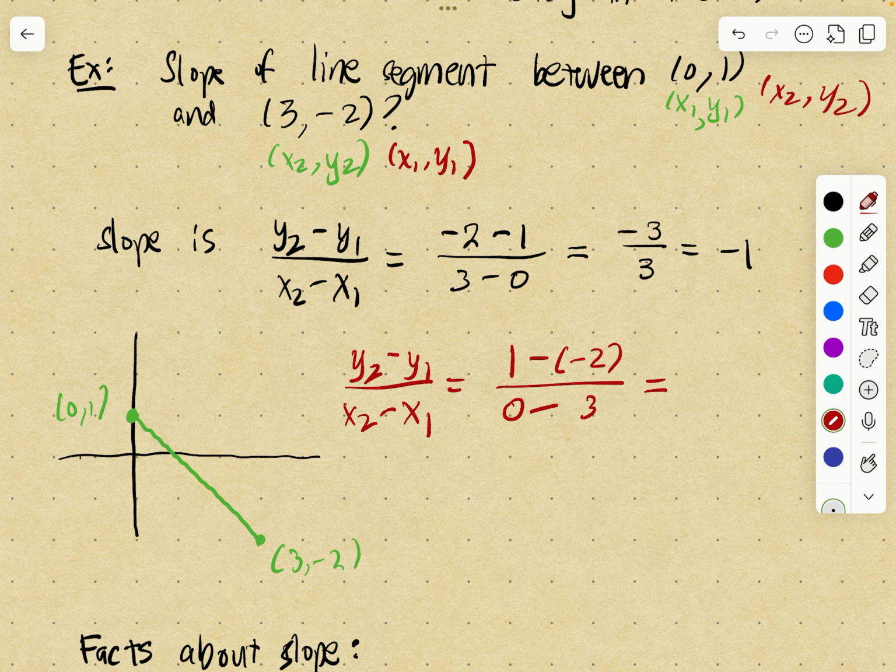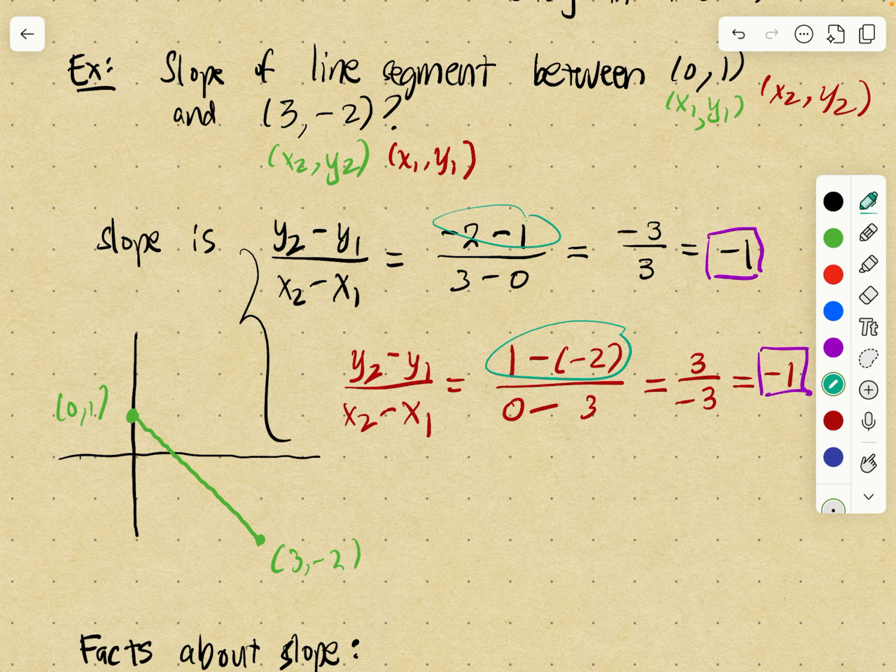On the top I get 3, and on the bottom I get -3. 3 divided by -3 is -1. Notice that I get the same number, -1, either time. Why did you get the same thing? Look at the numerators and look at the denominators.